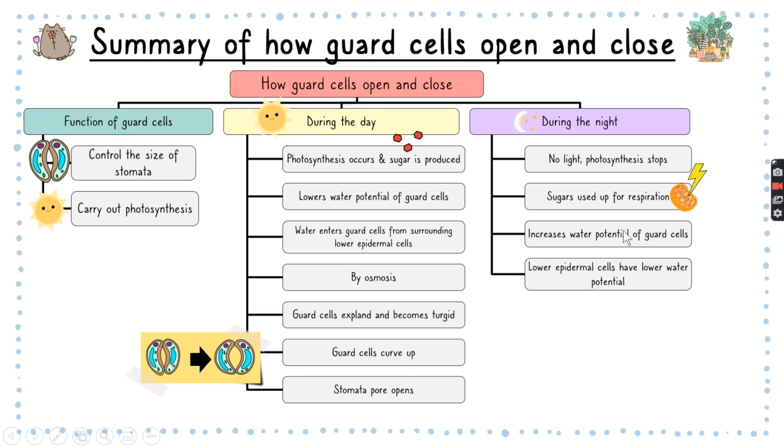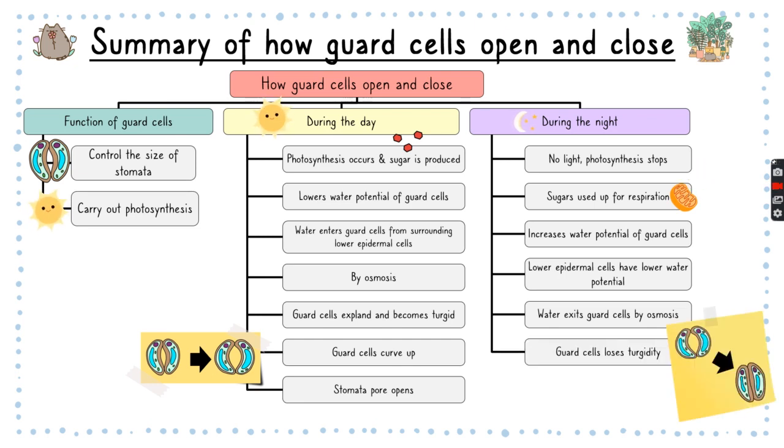Okay, back to here. Lower epidermal cells have lower water potential than the guard cells relatively. So water will exit the guard cells by osmosis. So as the guard cells lose turgidity, they become flaccid and the stomatopore will close. So this is during the night.